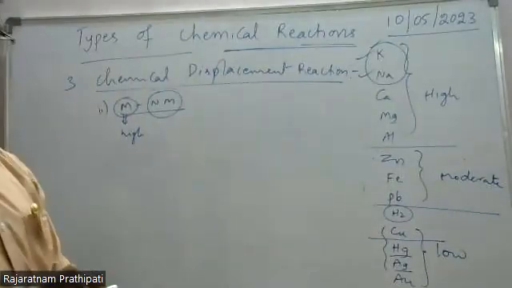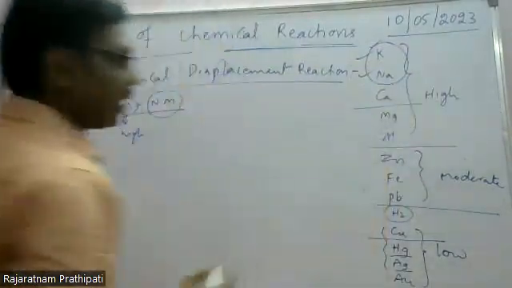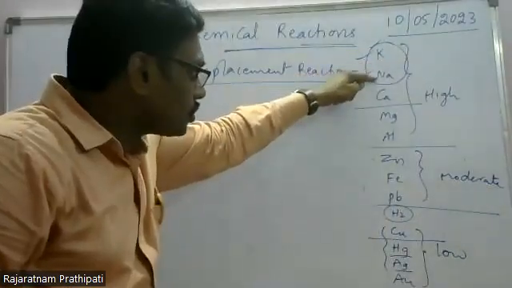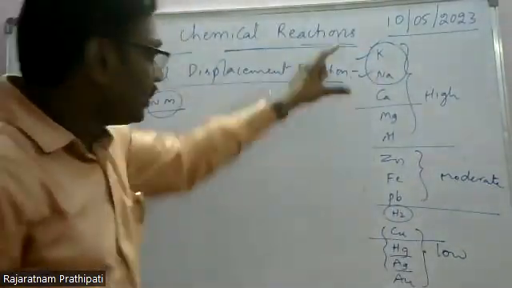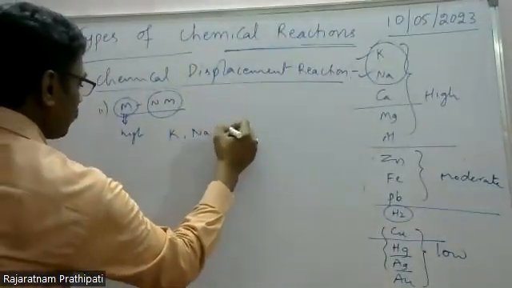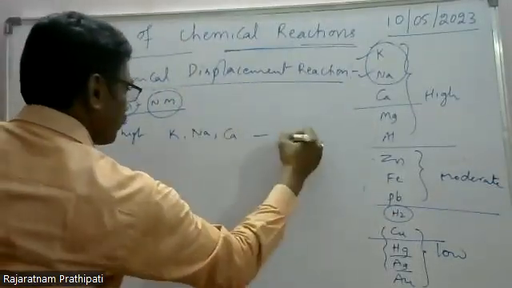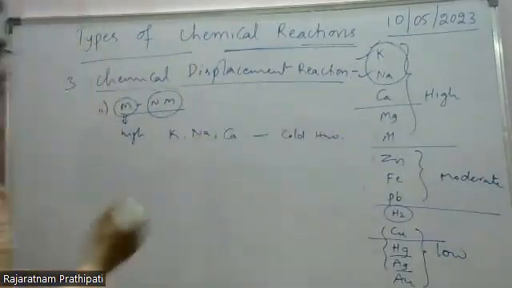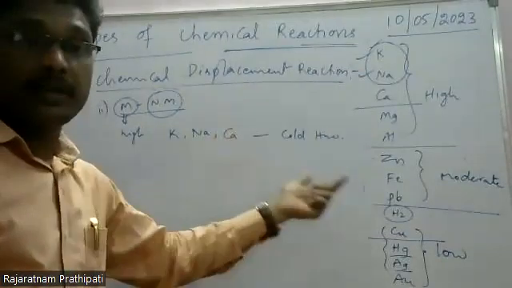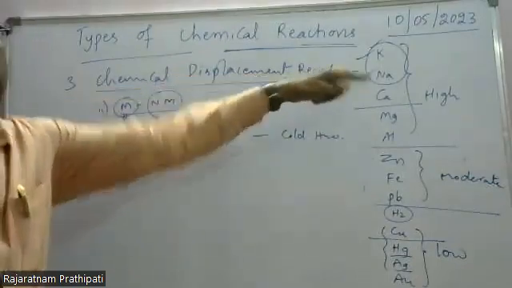The meaning is that the metals up to calcium, remember these points: potassium, sodium, calcium, can displace hydrogen from cold water. That too vigorously, violently. That's why these are more reactive metals.